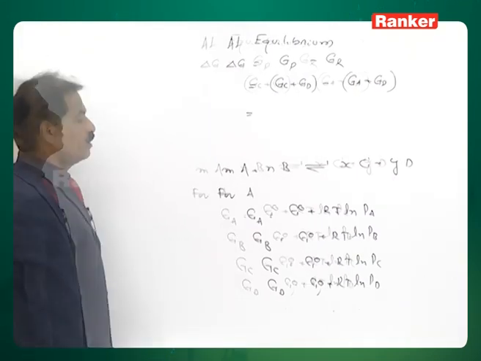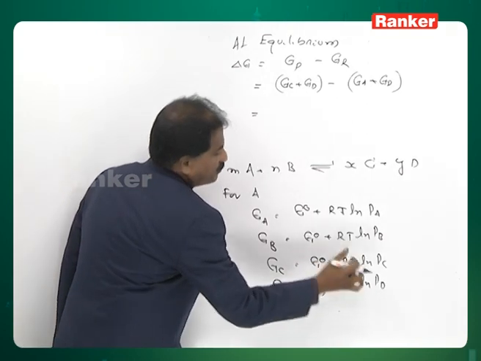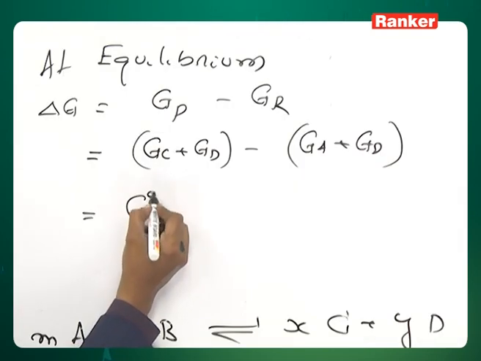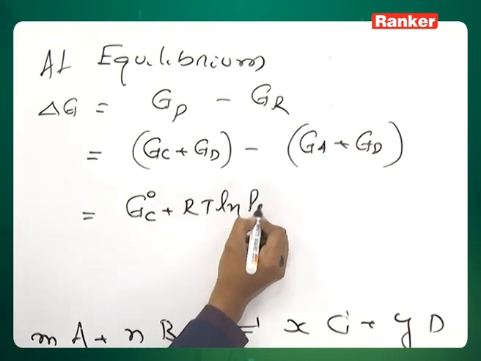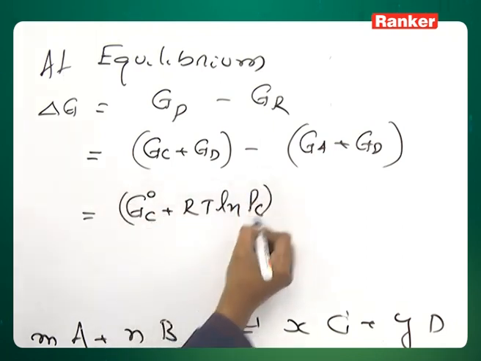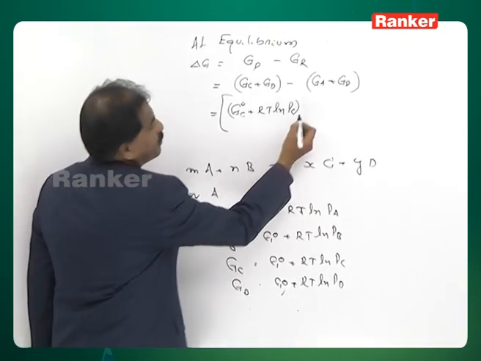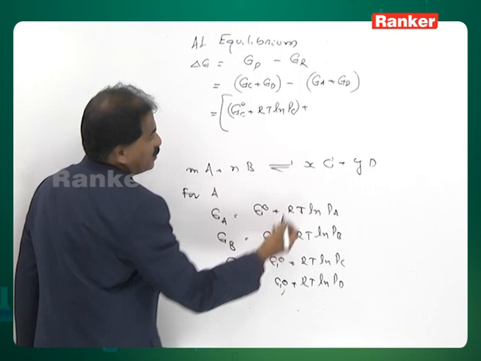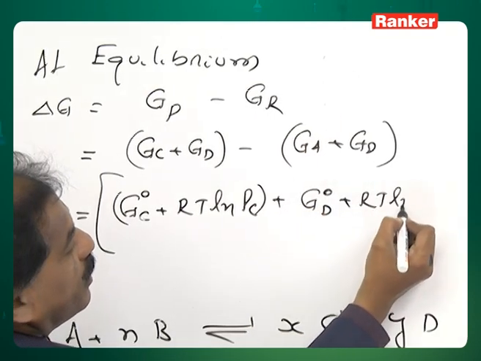Therefore, Gc is this term, G naught C plus RT ln Pc. Next, Gd is this one, G naught D plus RT ln Pd.